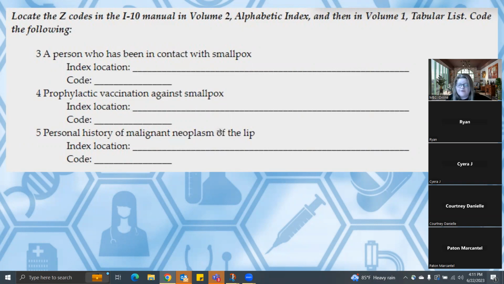Right, it wouldn't be your first listed. But that Z20.828, you can use. The difference is viral, making the distinction between what kind of disease it is.